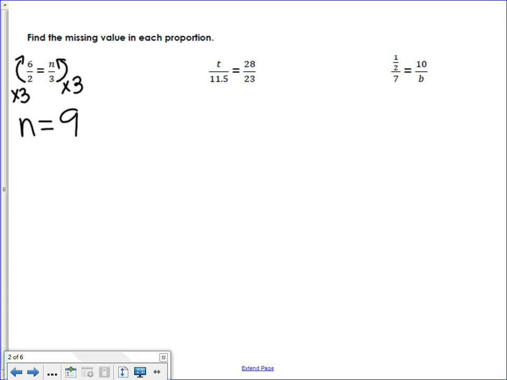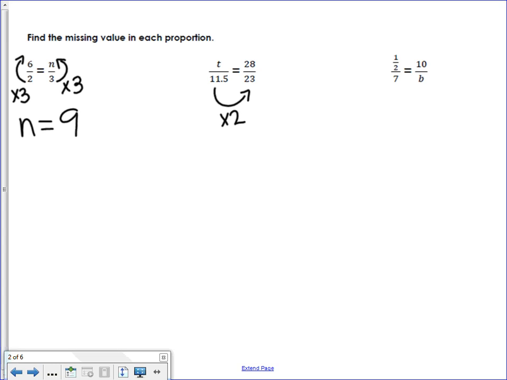Our next proportion is t over 11 and 5/10 is equal to 28 over 23. So I don't see a relationship within 28 and 23, but I do see a relationship within 11 and a half and 23. 11 and a half multiplied by 2 is equal to 23.